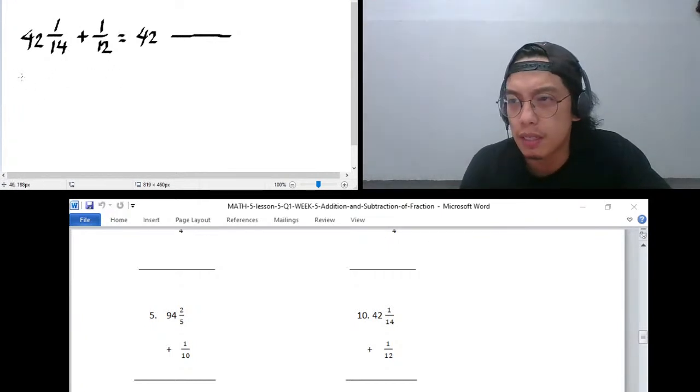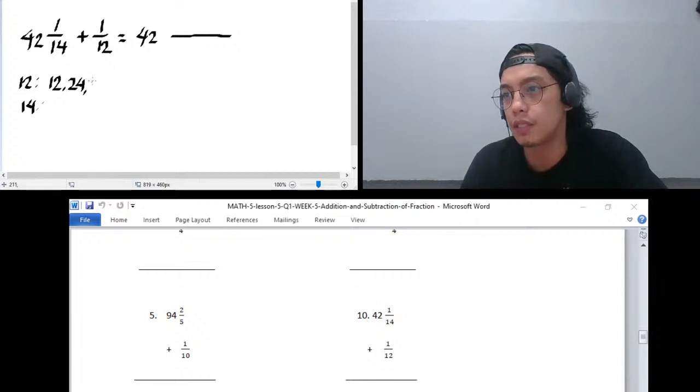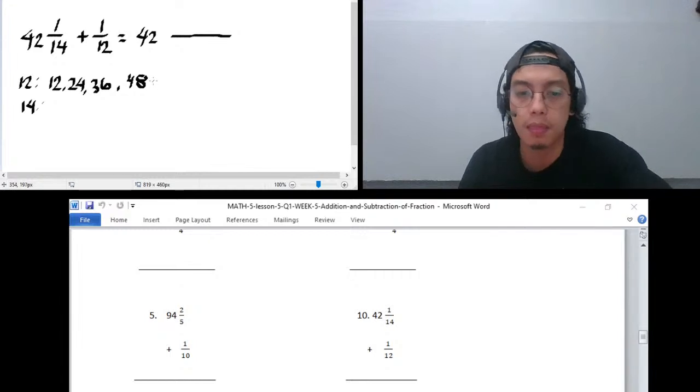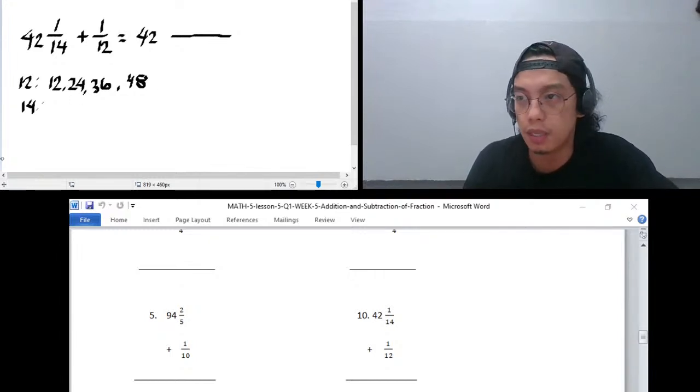So let's try 12 and 14. Look for it. Okay. 12 plus 12 is 24, plus 12 is 36, plus 12 is 48. Let me verify. Let's just stop there first.